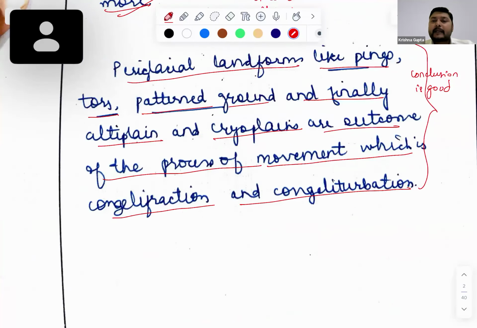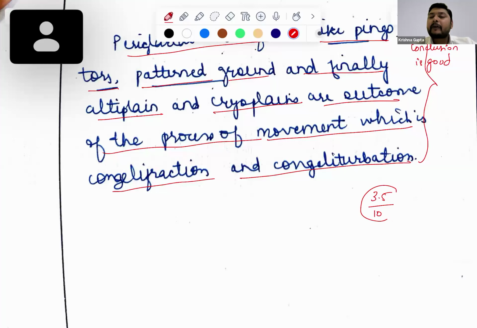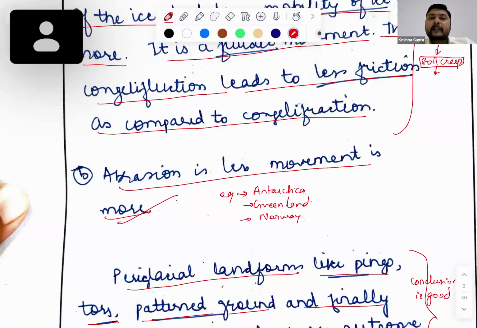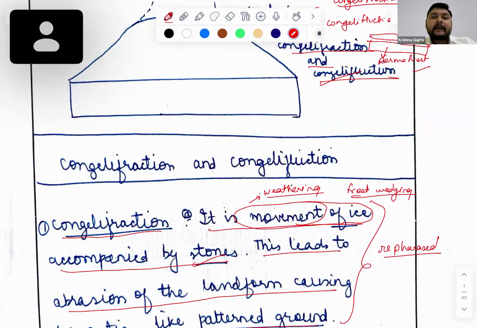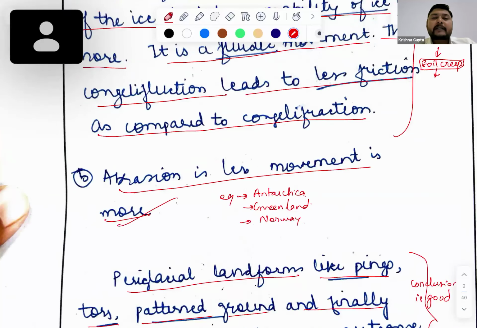Being very frank, for this question you will be getting 3.5 out of 10, because of the inclusion of these aspects, the inclusion of the theorist, because it could have been done, you could have taken 5.5 to 6 minutes.